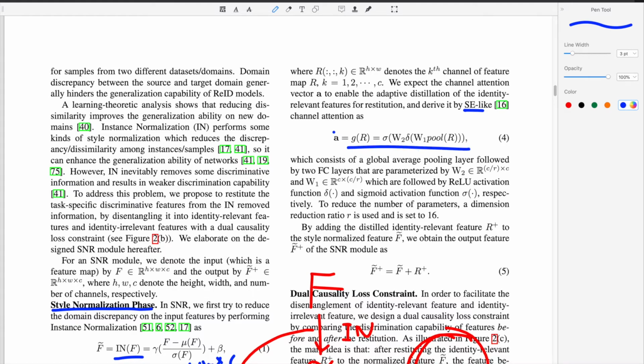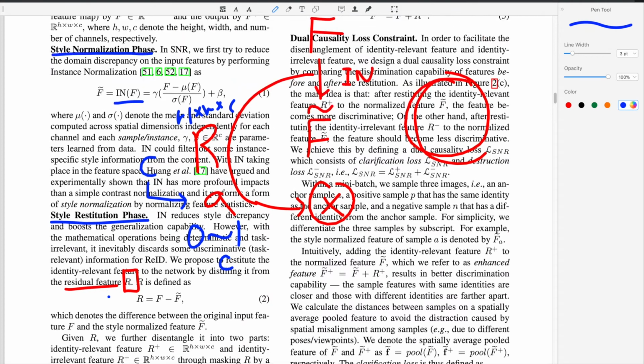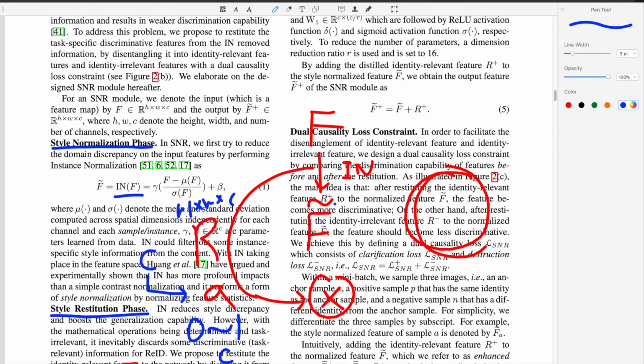So after you obtain this A and obtain this R plus, you get an enhanced feature by reintroducing R plus to F squiggly by just adding them. So you have this F squiggly plus, which is the enhanced feature.